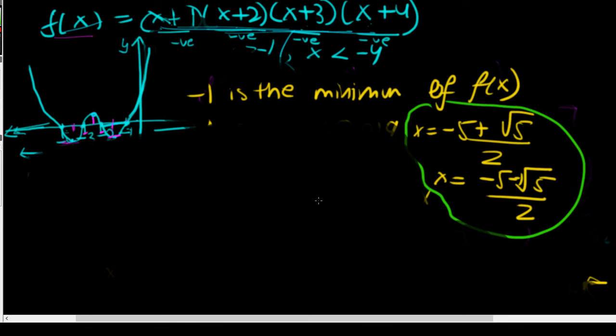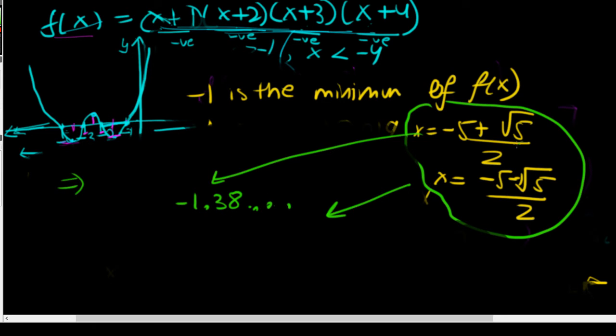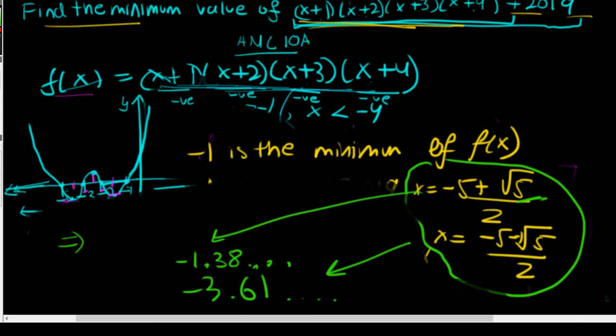And if you put these values into a calculator, which you are not allowed, but I'm just doing it for the sake of this video, you'll find that this value is minus 1.38, and this value is a non-terminating decimal, an irrational value because I have a root 5 right here, and this will be minus 3.61, blah blah blah.